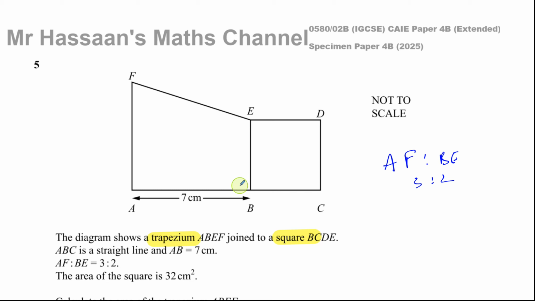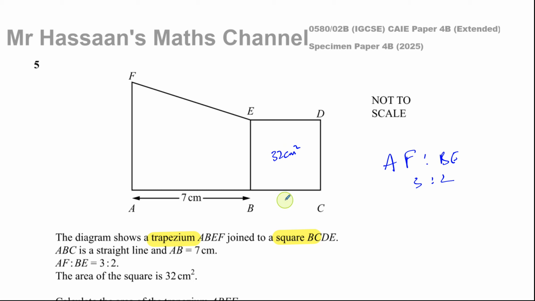And the area of the square is 32 centimeters squared. Calculate the area of the trapezium. Okay, so now we know this length is 7 centimeters. And we know the ratio of AF to BE is 3 to 2. And we know the area of the square part is 32 centimeters squared.